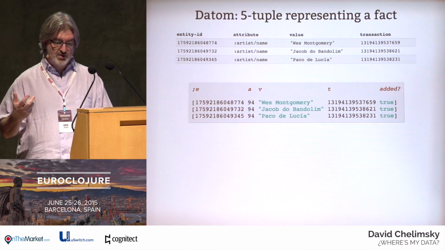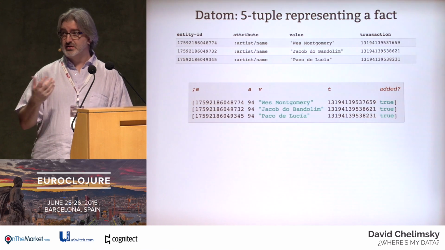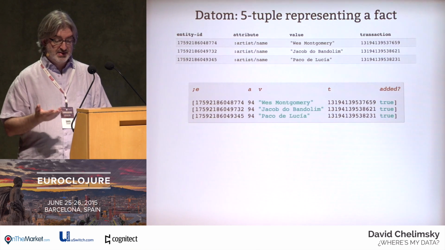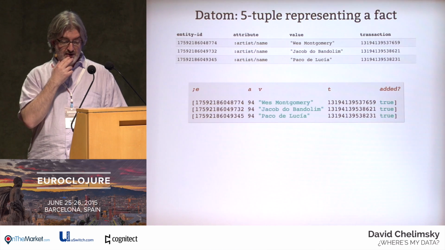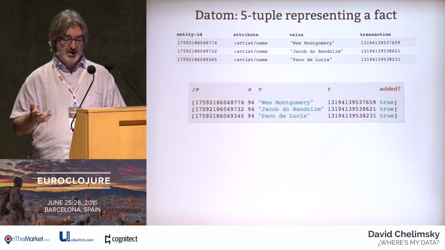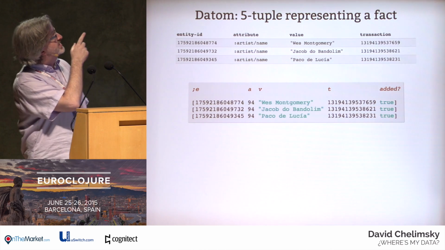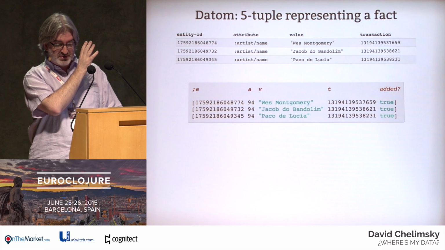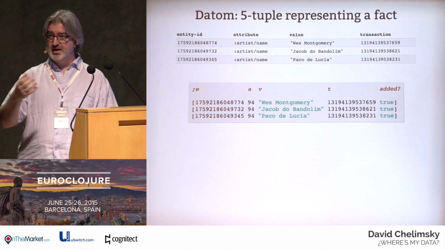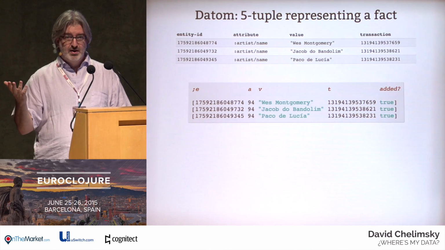So the way these are stored in the database is in something called a datum. And the datum has the entity ID, it has the ID of the attribute, and then the value, and then the transaction. So here in this first example, the entity ID is this really long number with 774 at the end, and the attribute is artist name.